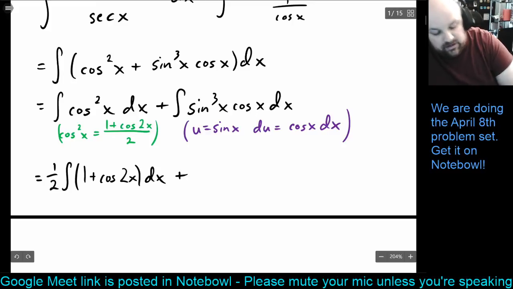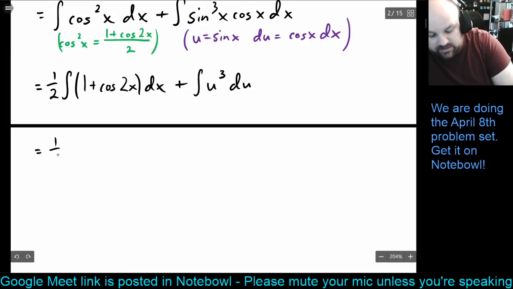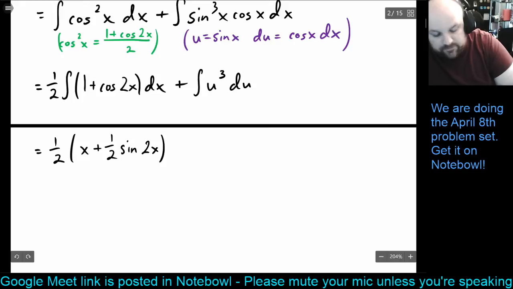This integral over here is simply going to be the integral of u cubed, du. So, integrating this, we have 1/2 times x plus 1/2 sine 2x for that first part. For this part, we get 1/4 u to the 4th. And all of this plus c.